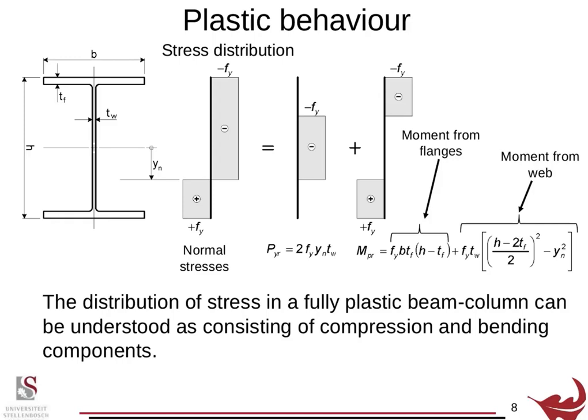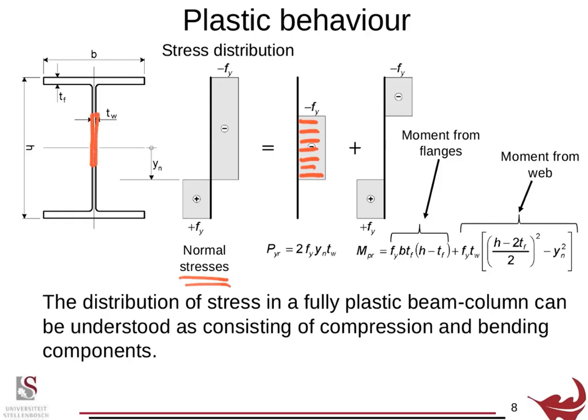Here we see a beam, a doubly symmetric I section, and a stress distribution through it. Now, if these are our stresses, we can break this down into an axial component and a moment component. What will happen here is, if we take the area this acts over times yield, this will give us where the axial load is carried.